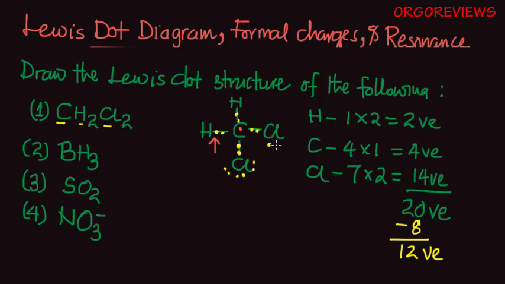When you're doing it, you put it in as a pair of dots, and each dot is an electron. Now you see that the chlorine has 8 electrons in its shell, and it has an octet satisfied, and the same thing applies to this chlorine. So overall, this will be the Lewis dot structure of dichloromethane.